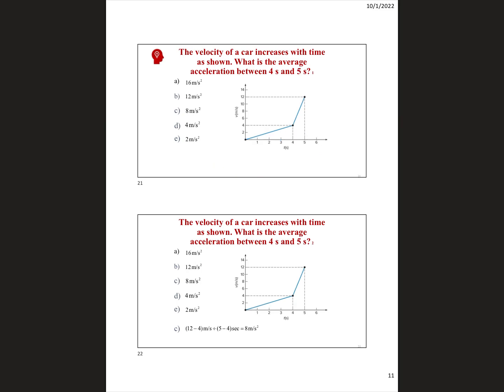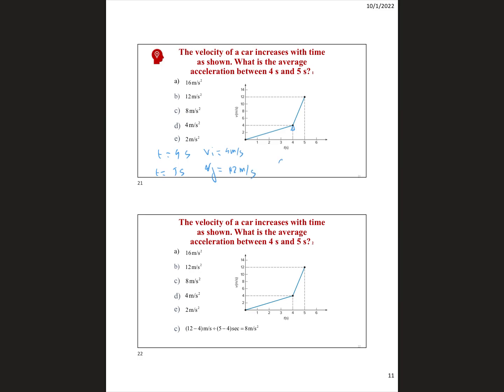Now, the next question is exactly the same one, only that it asks you the average acceleration between 4 and 5. Let's say that v initial at t equals 4 is 4 meters per second, and v final at t equals 5 seconds, I see is 12 meters per second.